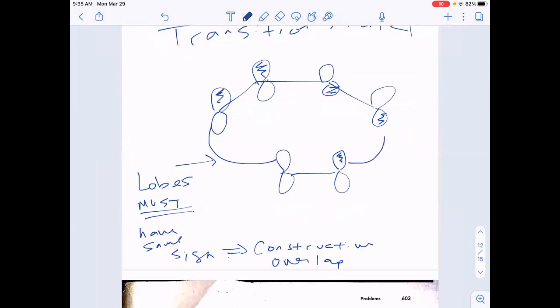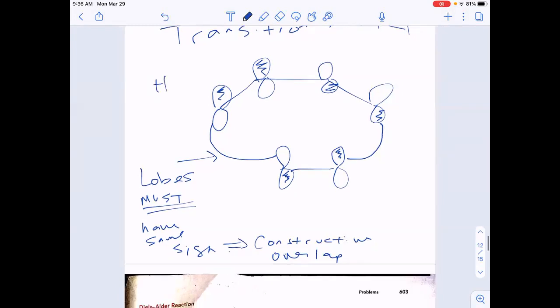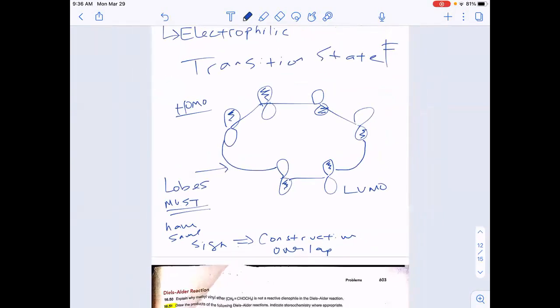You can't share electrons through lobes that have different signs, right? The same thing happens on the other side, where the shaded lobe of the LUMO overlaps with the shaded lobe of the HOMO. So again, this is the HOMO of the diene and the LUMO of the dienophile overlapping. That's how this reaction happens, right? It's the HOMO of the diene overlapping with the LUMO of the dienophile.